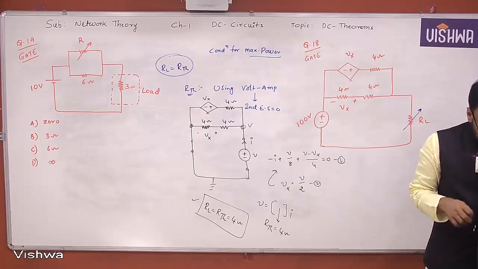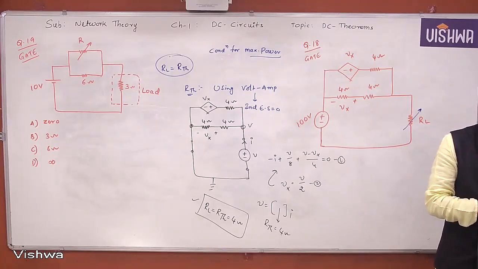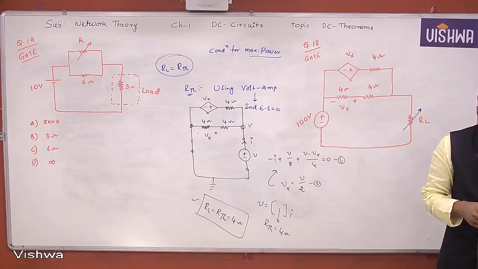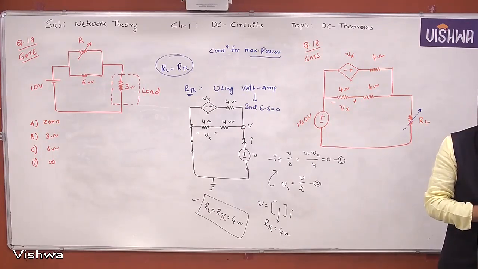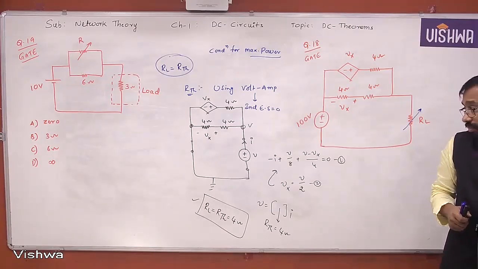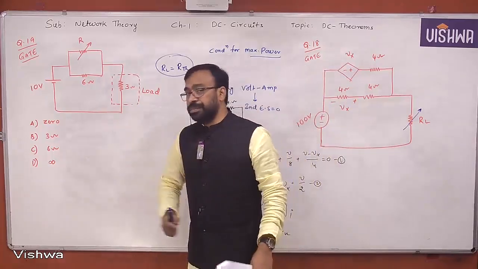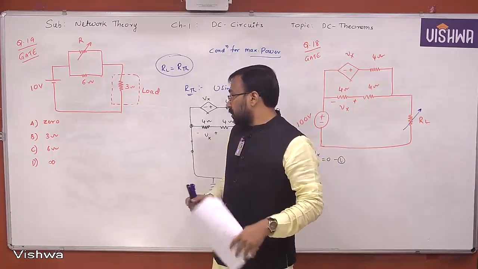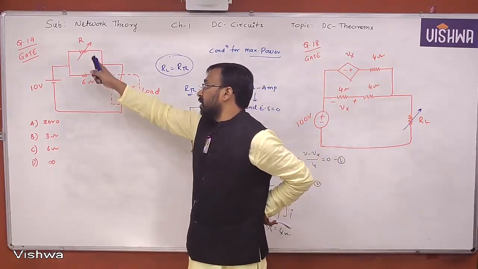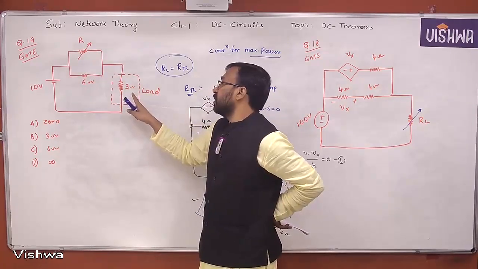What is the question? In the circuit given below, the value of R required for the transfer of maximum power to the load having a resistance of 3 ohm is. This is the network given. He wants to vary the resistance here and send maximum power to this 3 ohm.